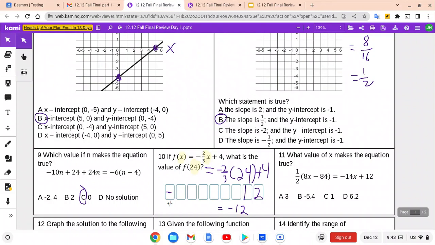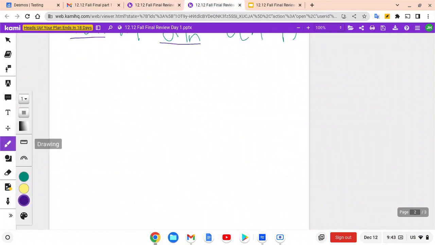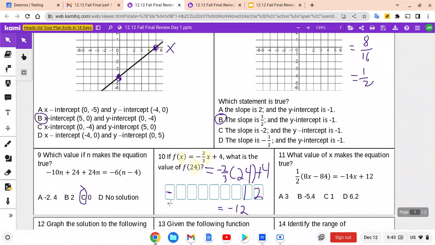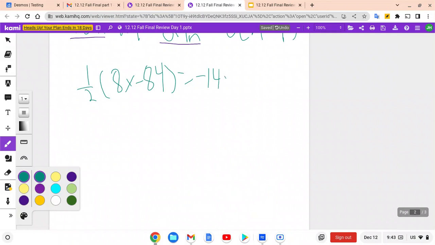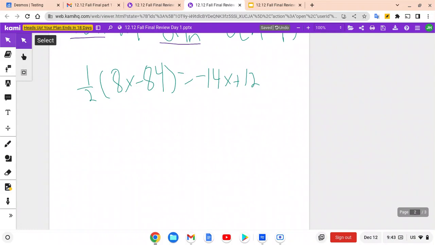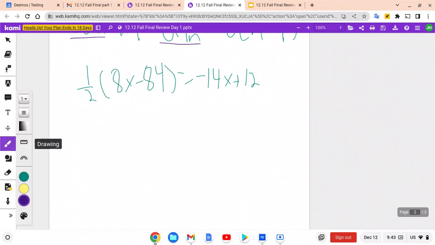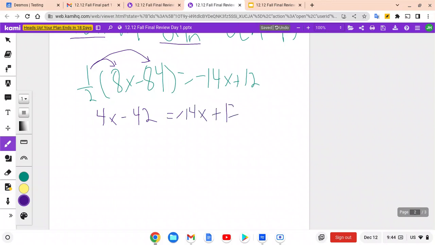All right, so it's 1/2(8x minus 84) equals -14x plus 12. Let me double check. Did I forget anything? Okay. Then we solve the old-fashioned way. You distribute. That's 4x minus 42 equals -14x plus 12.